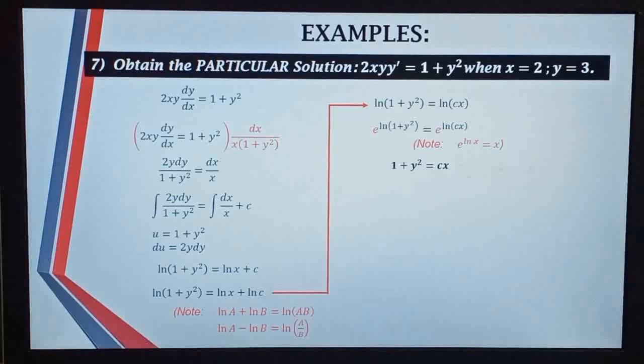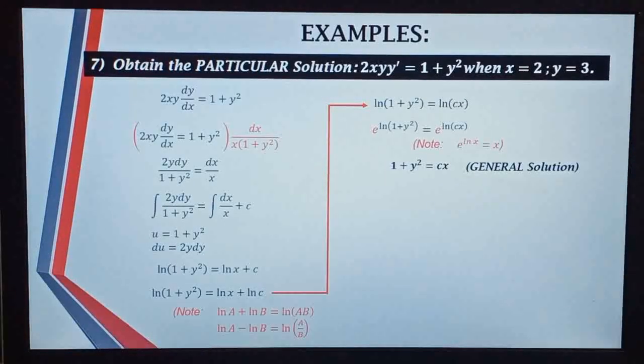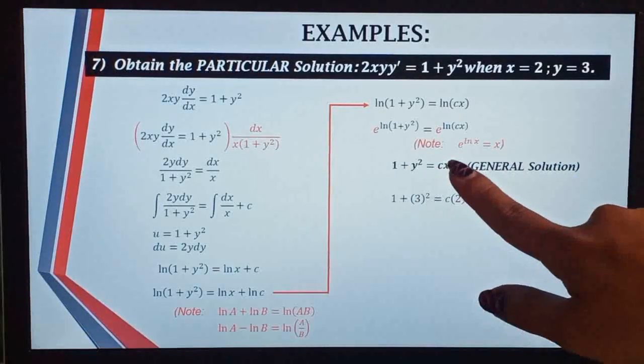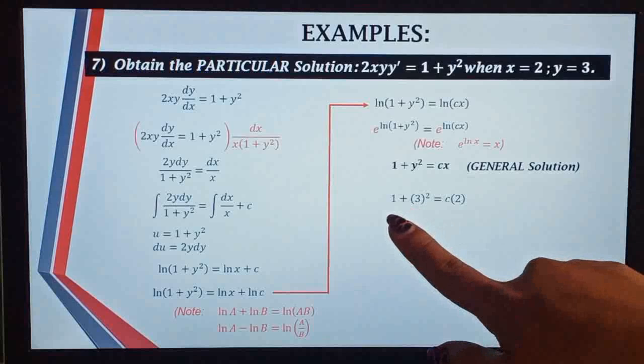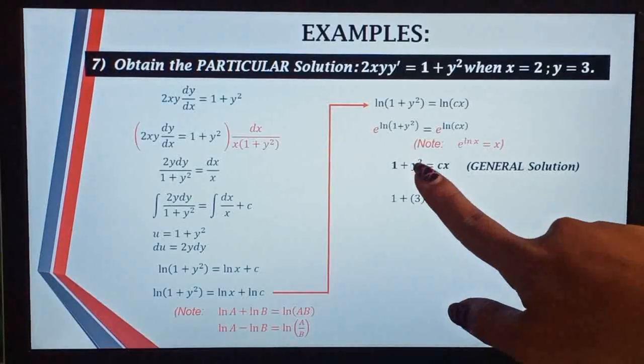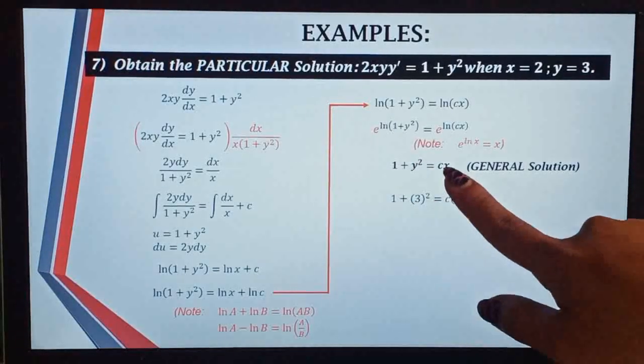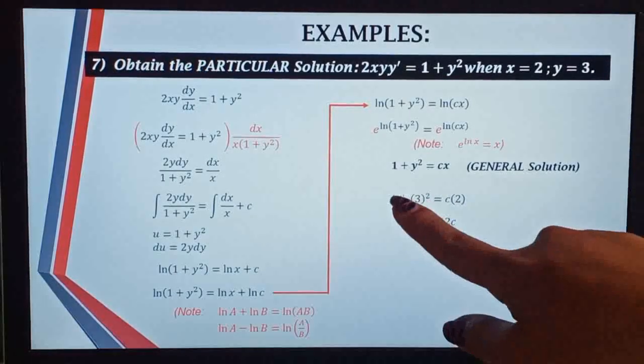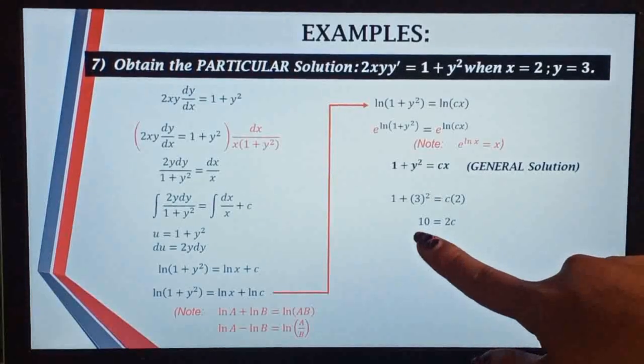So, this will be our general solution, but our target is the particular solution. Then all we have to do is to substitute the value of the x and the y. So, si y is 3, tapos si x is 2. So, we will now have 1 plus 3 squared equals c multiplied to 2. Then, getting the value of c, this term is 1 plus 9, which is 10, then 2c.